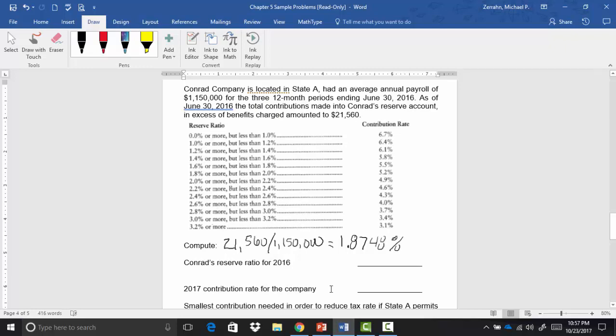So our reserve ratio is 1.8748%. So we look up here, we find it at least 1.8%, but less than 2%. So we find our contribution rate is 5.2.